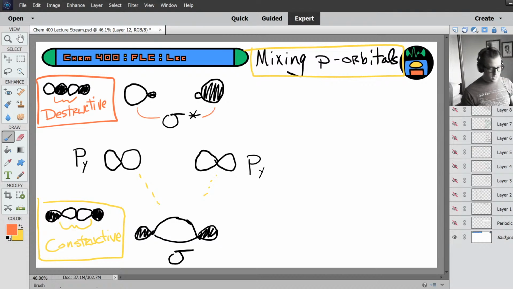Here and here are the two lobes of the antibonding sigma star. So when you mix two py orbitals together, you make a sigma and a sigma star. So py mixes to make sigma and sigma star.